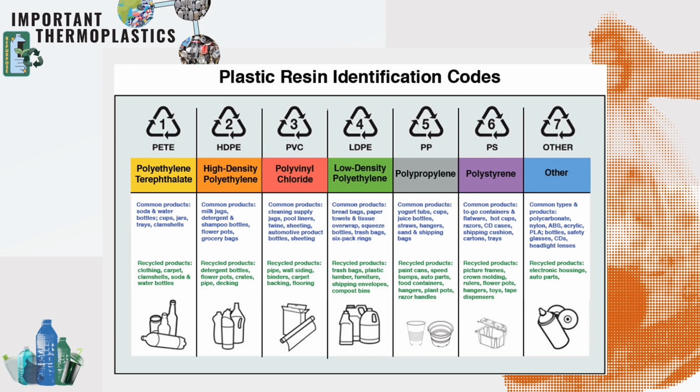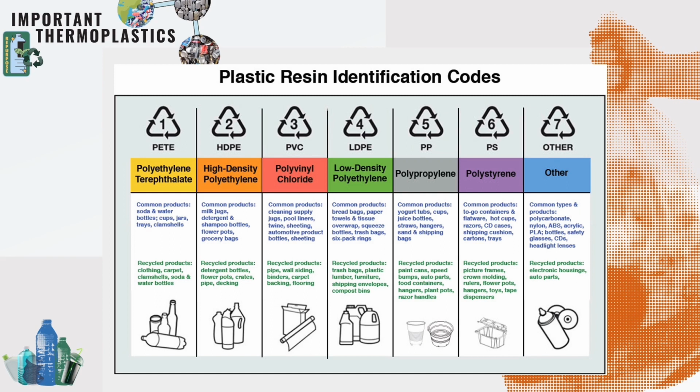Low density polyethylene. Common products: bread bags, paper towels, and tissues overwrap. Squeeze bottles, trash bags, six-pack rings. Polypropylene. Common products: yogurt tubs, cups, juice bottles, straws, hangers, sand and shipping bags.